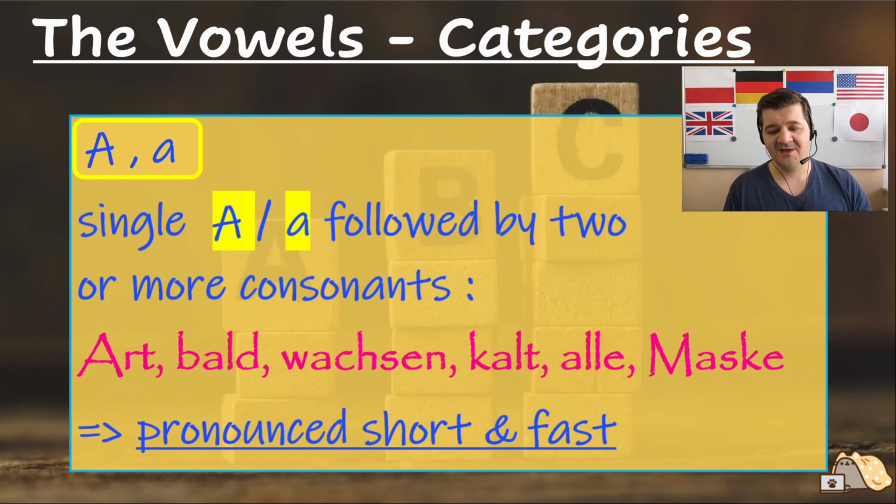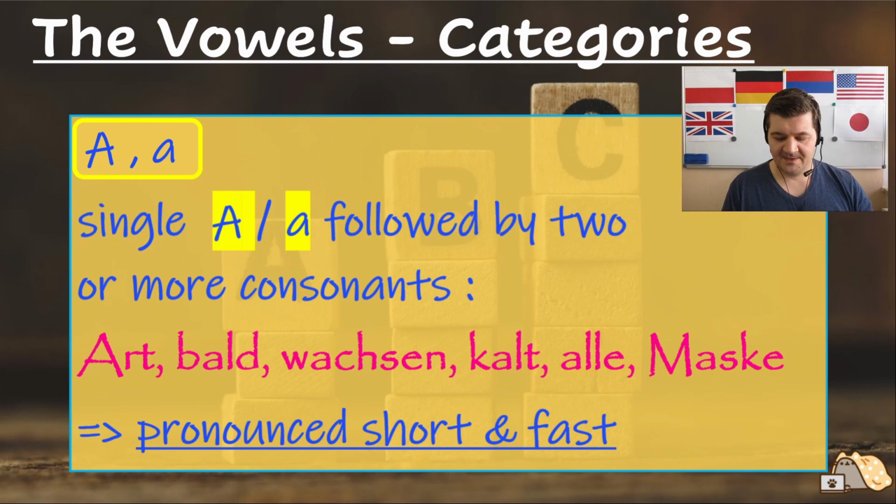So these are our three categories here. We can meet our vowels, and now we just have to make examples also for the other four vowels.